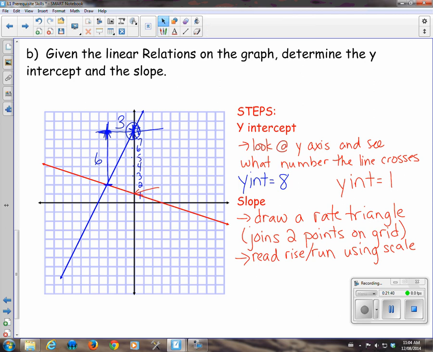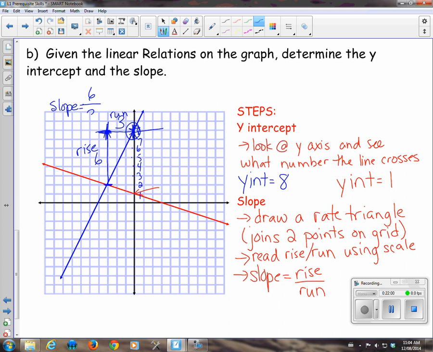And then I use my formula. The formula slope is rise over run. So for my blue line, the rise is 6 and the run is 3. So rise over run is 6 over 3, and 6 over 3 is 2. So I have a slope of 2 for my blue line.